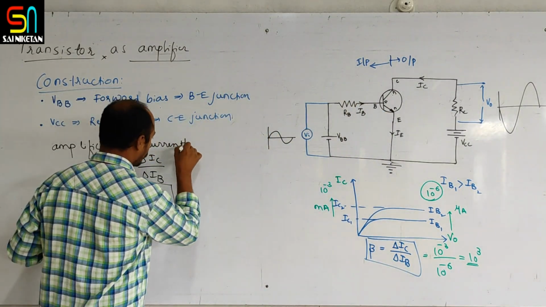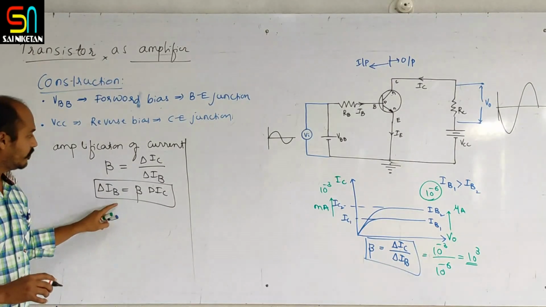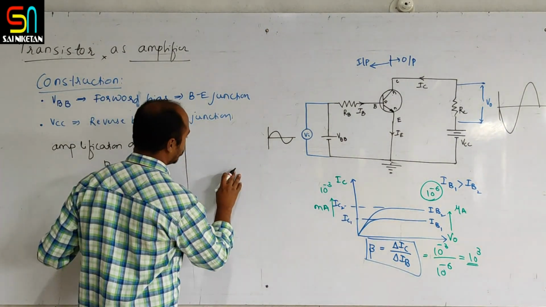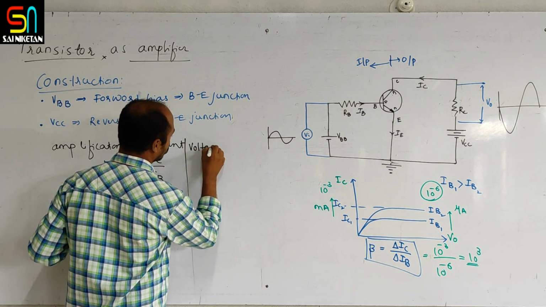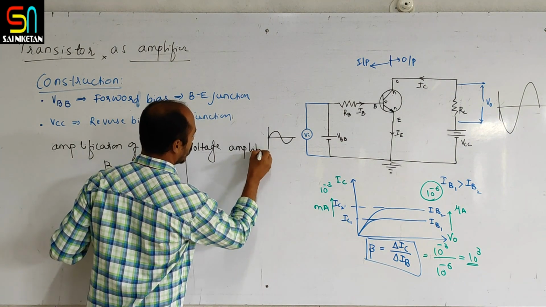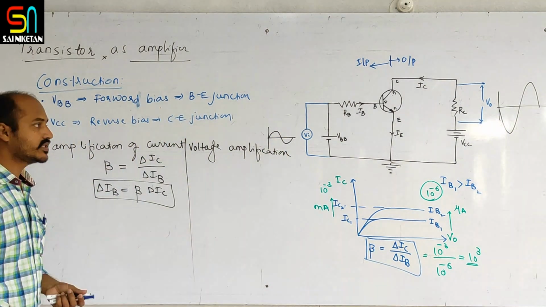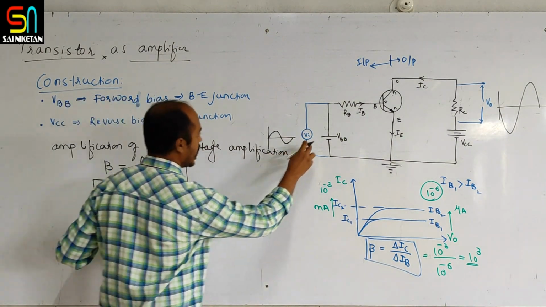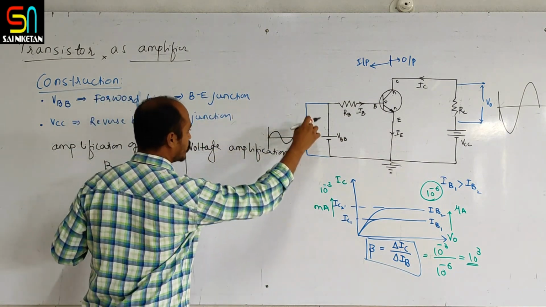Now this is the increment of the current, or you can say current amplification factor. Then voltage amplification. How can we get the voltage amplification? Here, first apply KVL for the input circuit.